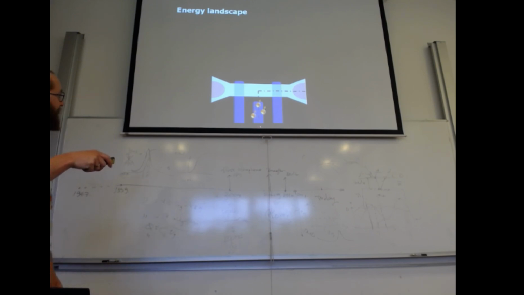Now, let's look at the energy landscape as we go along this line, from the area where we have the donors, via the SET island, to one of the reservoirs. What we have then, this is the Fermi level in the system. We have the binding potential of the donor with the confined electron state in it. And this is gate controlled, so we can shift this level up and down, above and below the Fermi level.